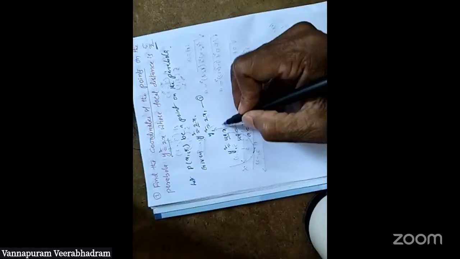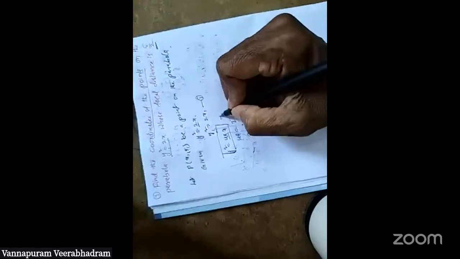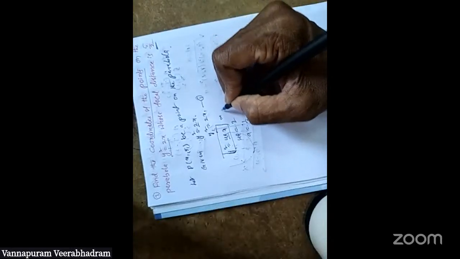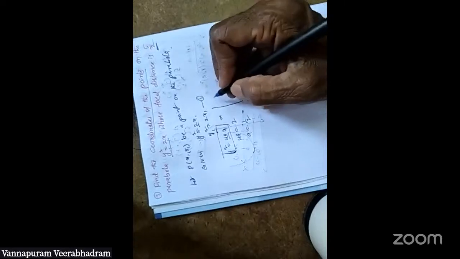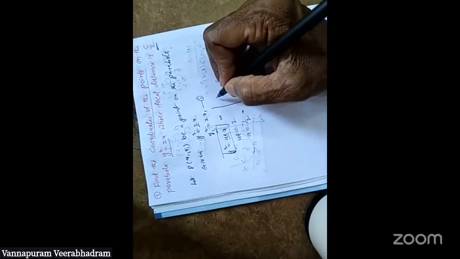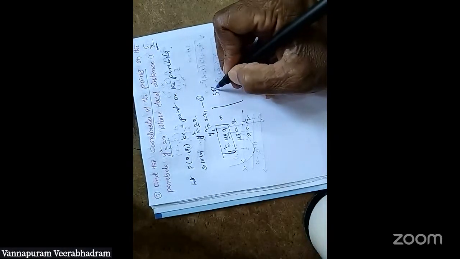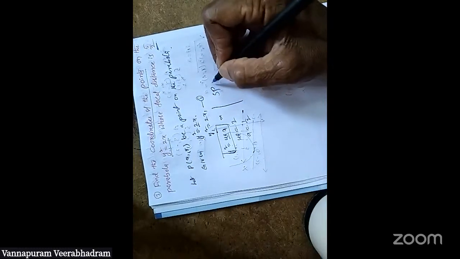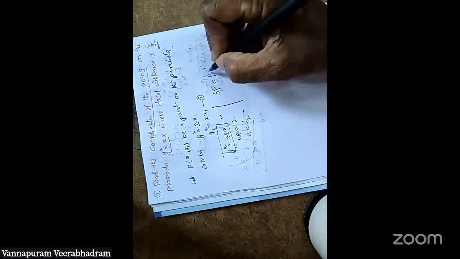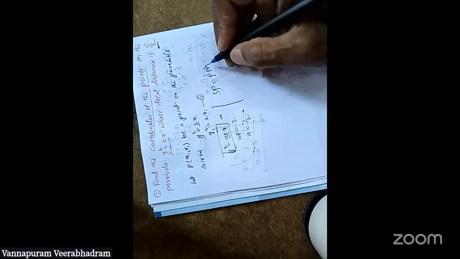So for this parabola equation, we have already proved yesterday the focal distance. What is the focal distance? Focal distance is the distance of the point on the parabola from its focus. So that is SP. So the distance of the point from its focus is the focal distance. So we have SP equals PM. So by the definition of the parabola, SP equal to PM.